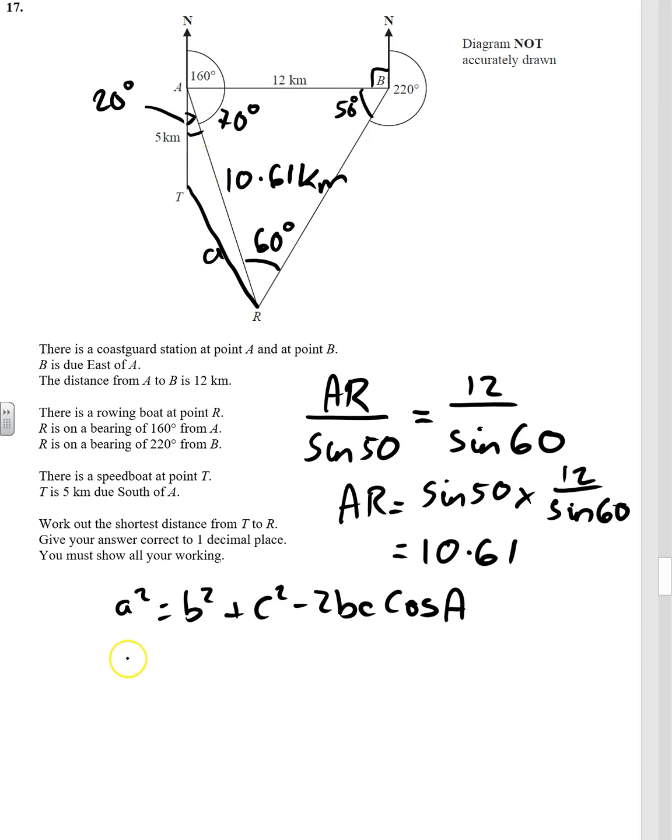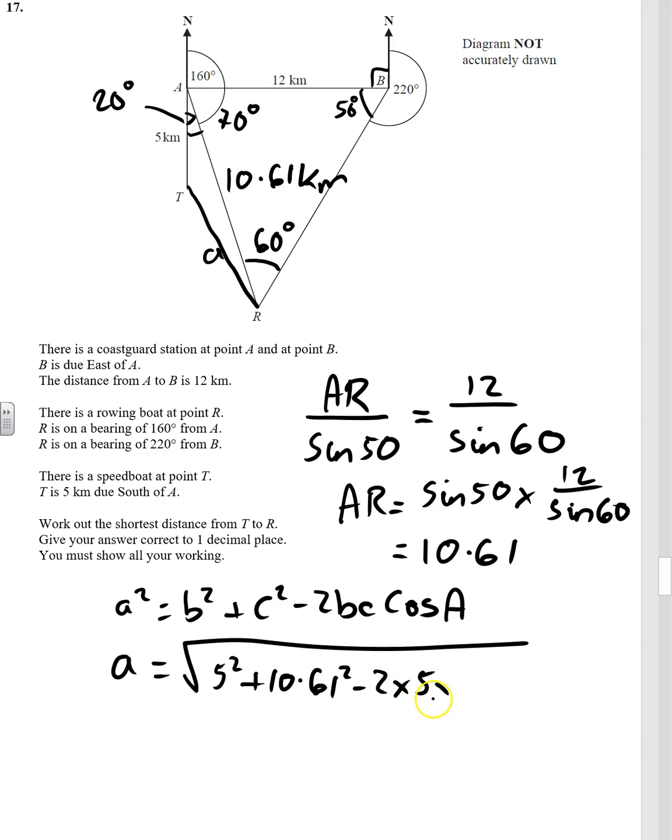So a is equal to the square root of 5 squared plus 10.61 squared minus 2, and basically substitute the numbers in, and it's cosine of 20, all square rooted. Tap that into your calculator, you get an answer of 6.2 kilometres once you've rounded it.